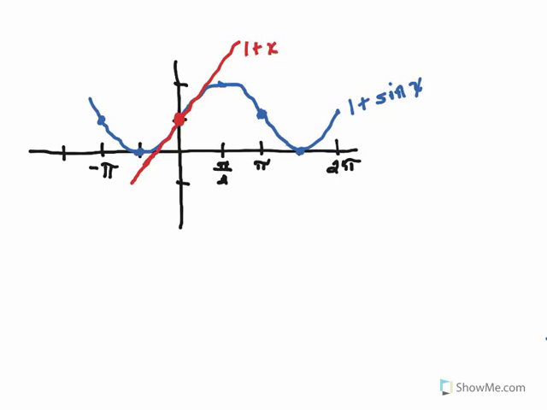It goes through 1 on the y-axis, and it pretty much looks like it has a slope of 1. Now think about what this tells us. For x values near 0, the function 1 plus sine of x is very well approximated by the linear equation y equals 1 plus x.